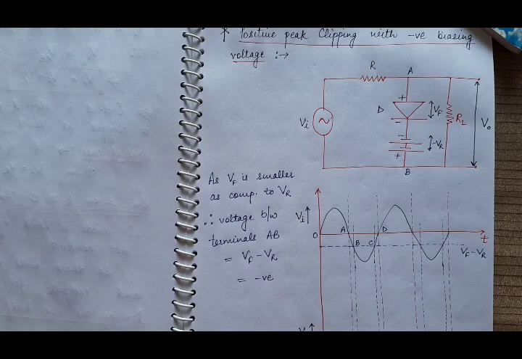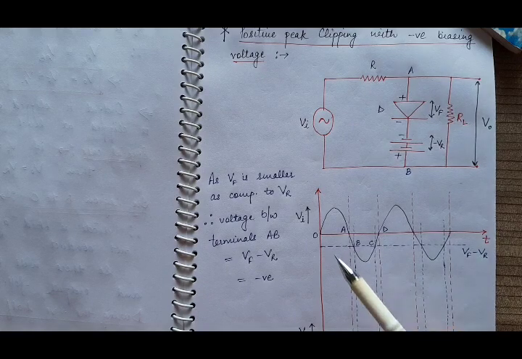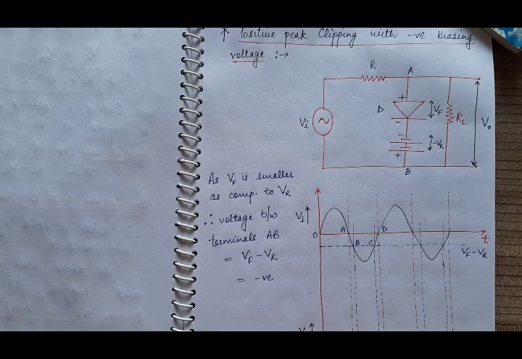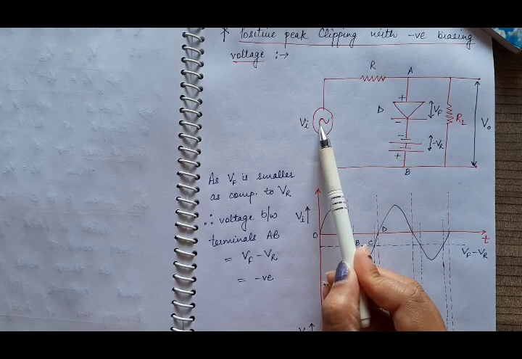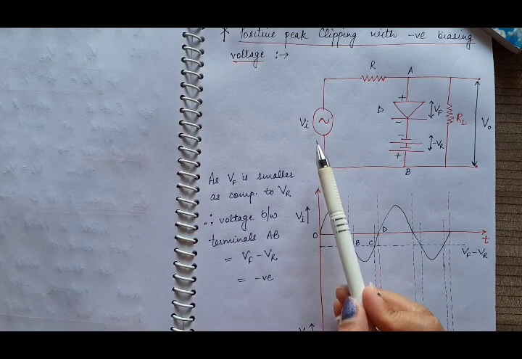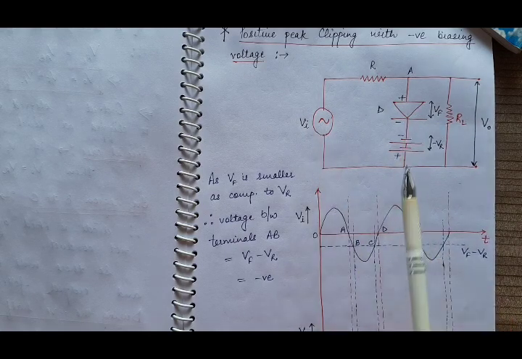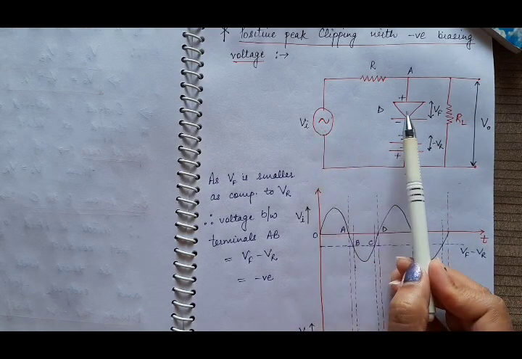Now we will discuss the behavior of this circuit for this input signal. First consider the positive half cycle of AC input. During this positive half cycle, the positive voltage is supplied to P of the diode. It means during the whole positive half cycle, this VI will forward bias the diode.